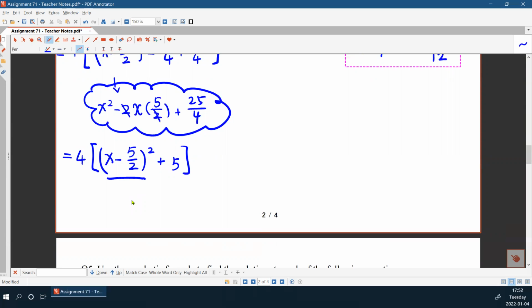So let's discuss them one by one. X minus 5/2 squared. What is the smallest number of this expression? Basically, that's something squared, right? Can it be 0?